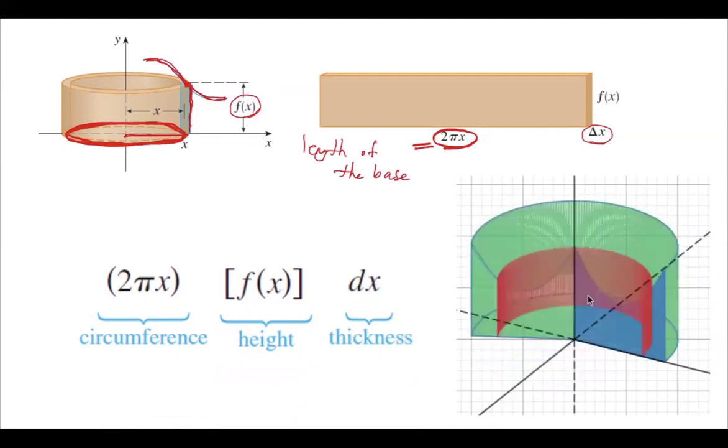Then delta x, as it gets smaller and smaller, represented by dx, shows the thickness. Now, if you take the definite integral from a to b, you're basically calculating the volume of this solid. So this is the method of cylindrical shells.